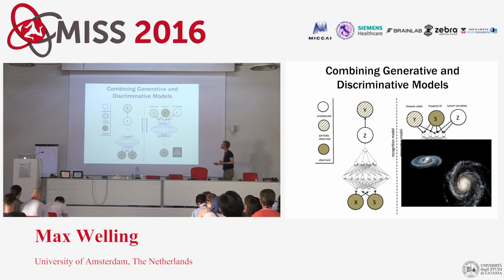So here's the first example. Think of this as, you have some disease label that you sometimes observe. So some patients, you know what their condition is when they come in, and they're in your data set, let's say Alzheimer's. You know the hospital ID, and there are some latent variables that you haven't identified yet, so they're unobserved.